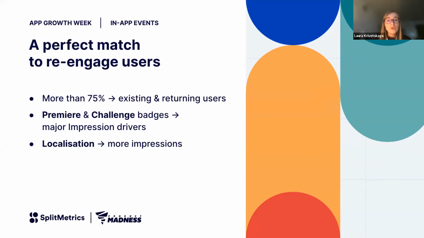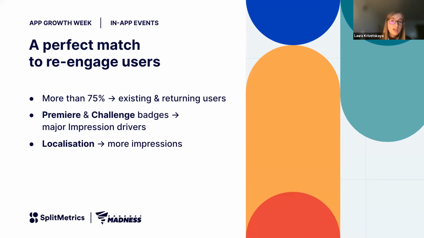We noticed that in-app events work pretty well, not only, I would say, to acquire new types of users, but unfortunately that was the smallest percentage. The major installs actually came from our existing audience and also lapsed and returning users as well. So in-app events could be a very strong tool for your engagement purposes, right?